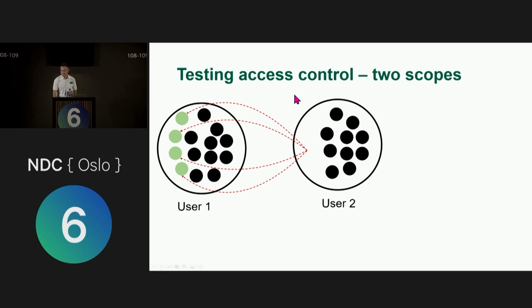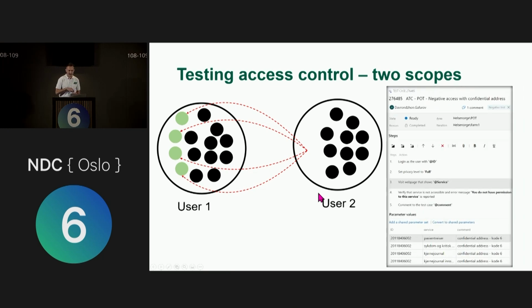So this is an abstract picture of one test. But this abstract test is also converted to a concrete test case that implements it. For example, we log in as a user with a user ID. We set the necessary privacy level, in this case full, and we visit pages, or here we are calling an API, for example.